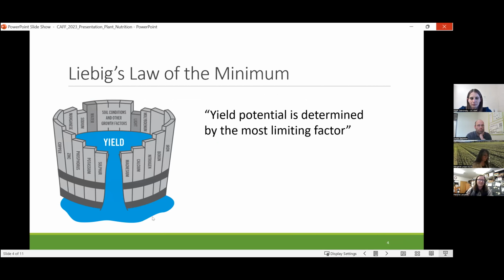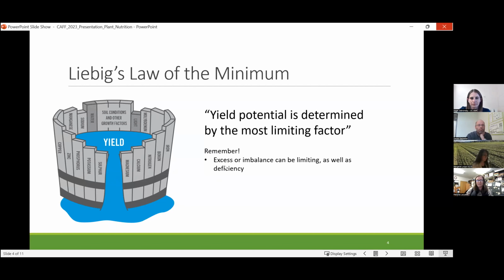in the plant nutrition world: Liebig's law of the minimum, which says that yield potential, which in the metaphor of the bucket is the water level, is determined by whatever the most limiting factor is. So in this metaphor, the shortest stick. That just means, supposing that the short stave was boron or something, if that's limiting the yield, it doesn't matter how much you have of everything else that the plant needs, that one thing will be limiting. And notice that these are all kinds of conditions: variety, light, water, not just nutrients.